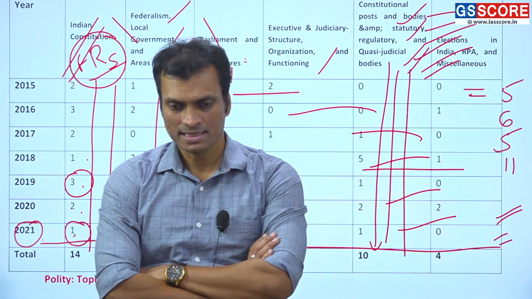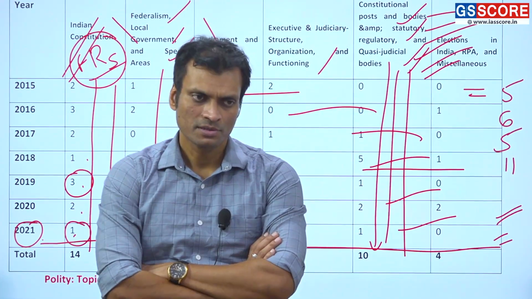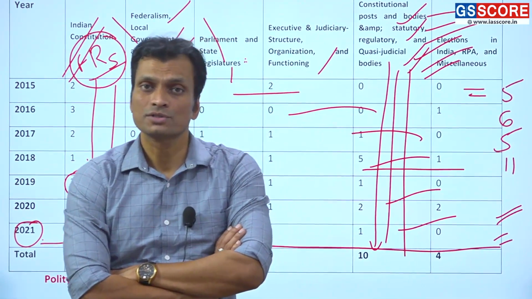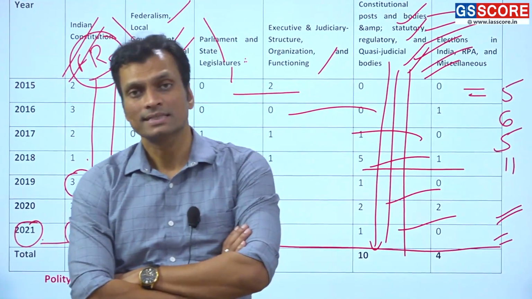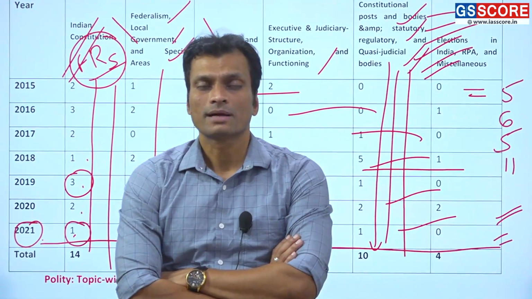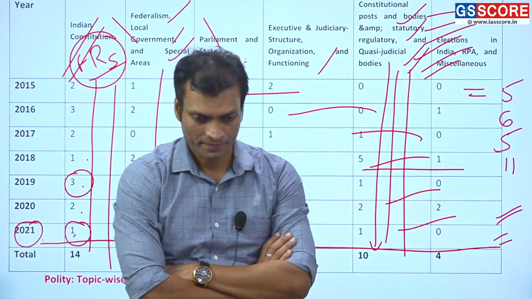Second trend analysis is that the issues in news connected with some big picture of the Constitution, like basic structure, fundamental rights, values, center-state relation, will always have more weightage.